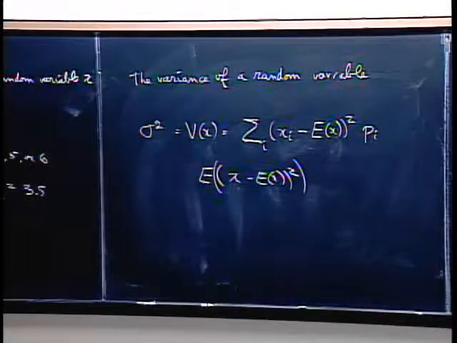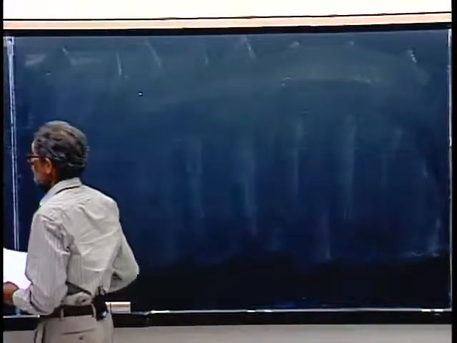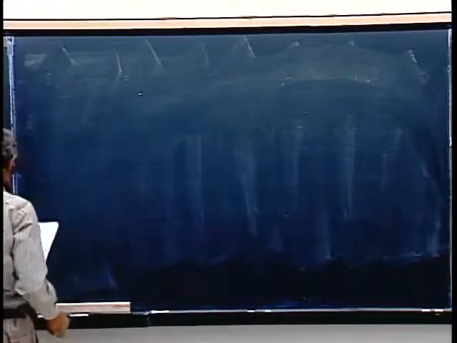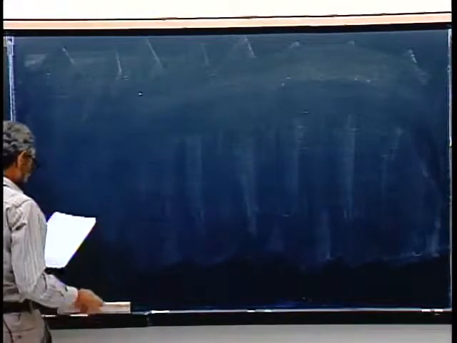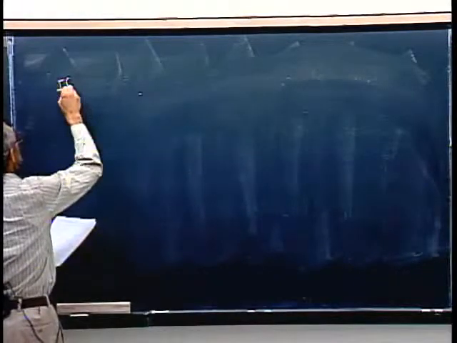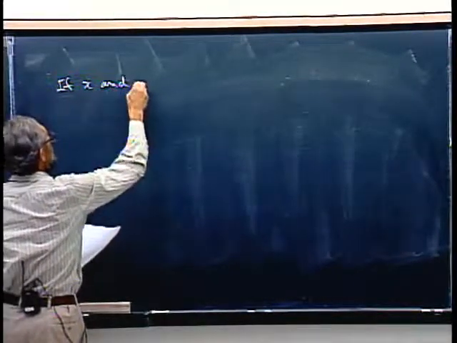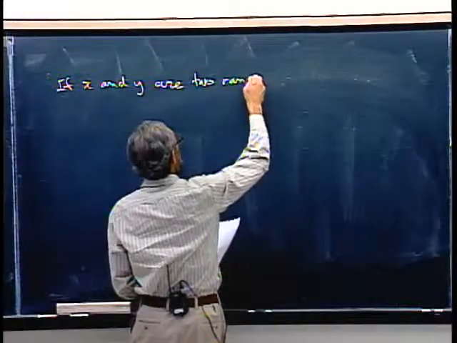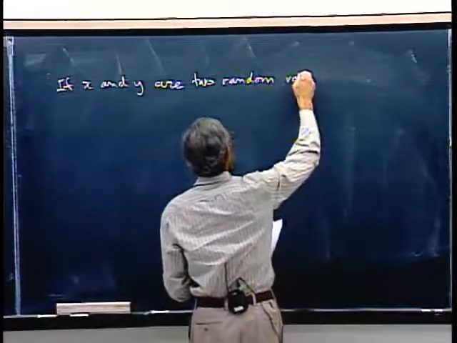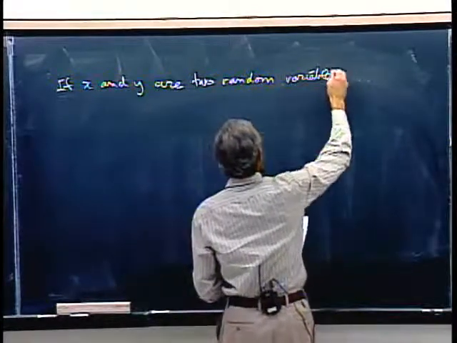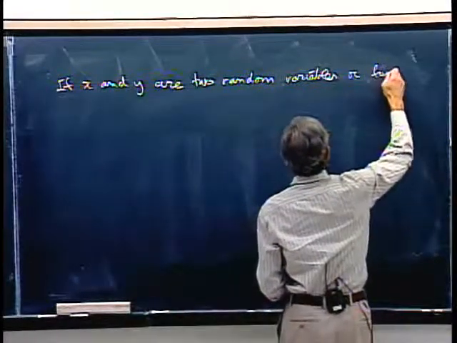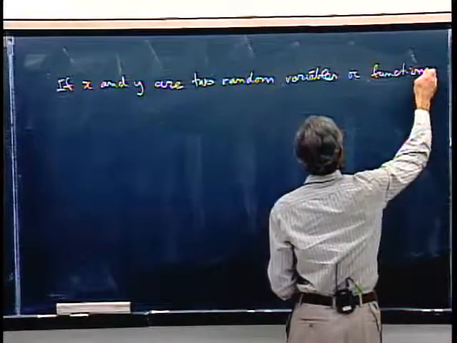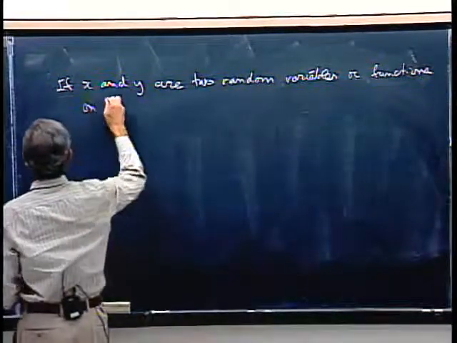So now I want to get some properties of the mean and the variance. The square root of the variance is what's called sigma, the standard deviation. So first I'm going to say, if x and y are two random variables, we can even say, or functions, on the same event space.